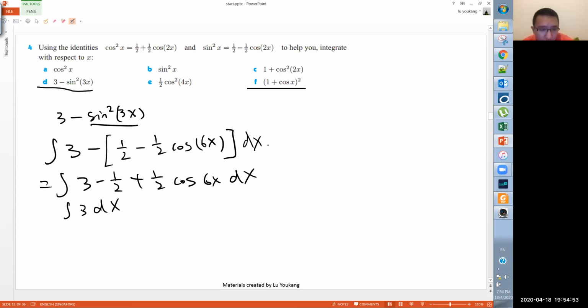You can actually combine this so you get 2.5, or rather 2.5. Okay, so you just differentiate these two. Okay? Okay.